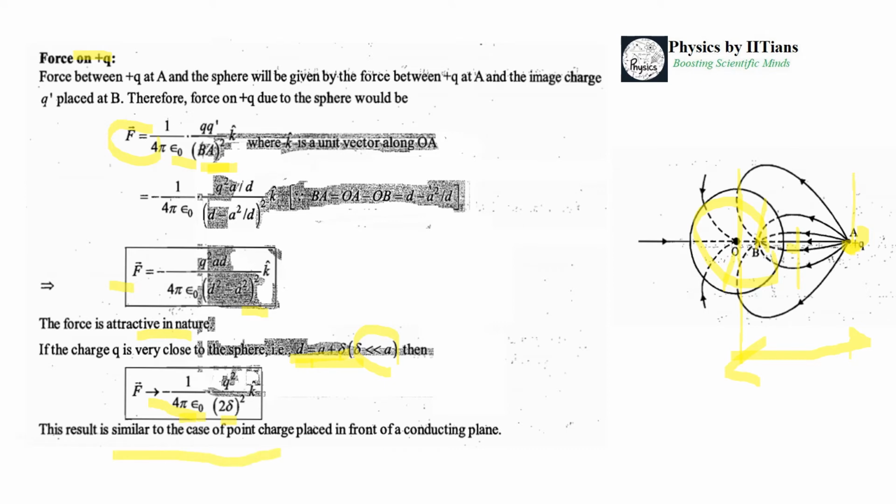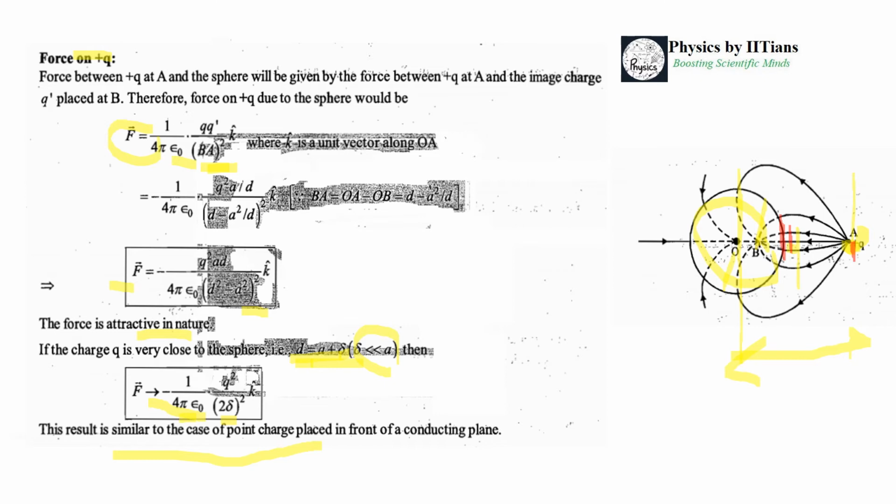So the result is similar to the case of a point charge in front of a conducting plane. If you just reduce this distance, suppose this charge is now here, and this is a very large sphere, so the radius of the sphere is much larger, it will feel that only this much portion is visible to the charge, and it will treat it like a plane conductor, not a sphere.